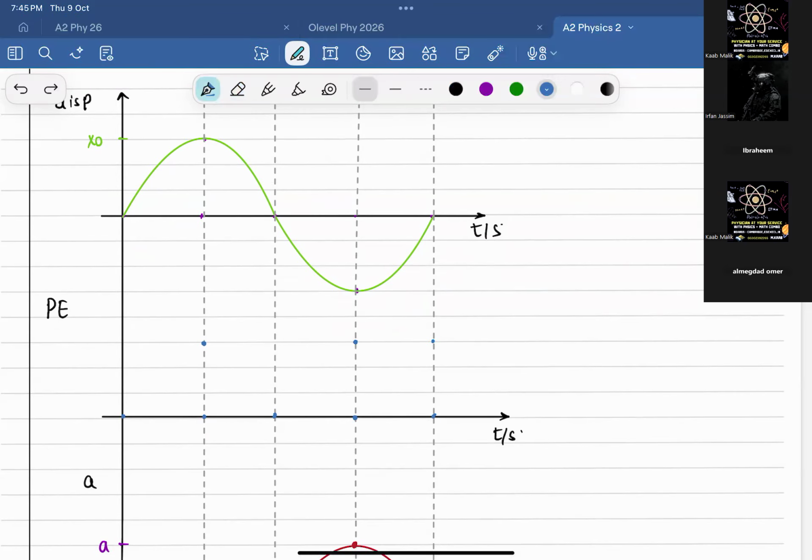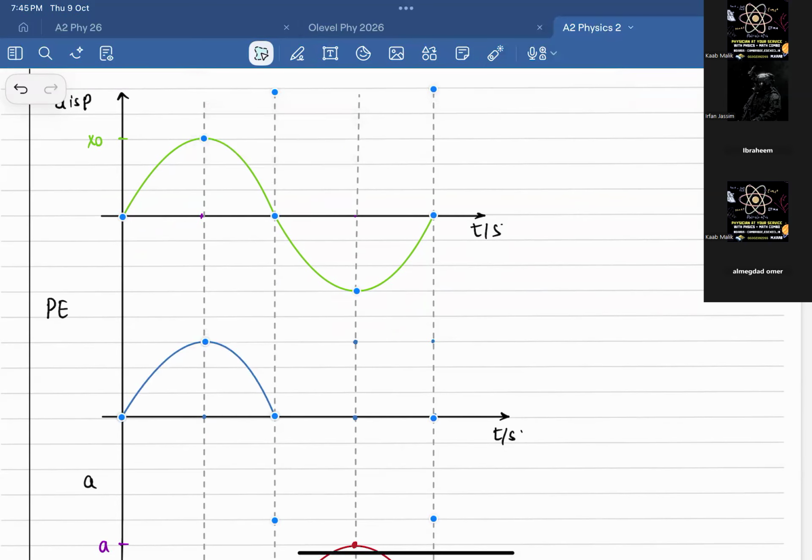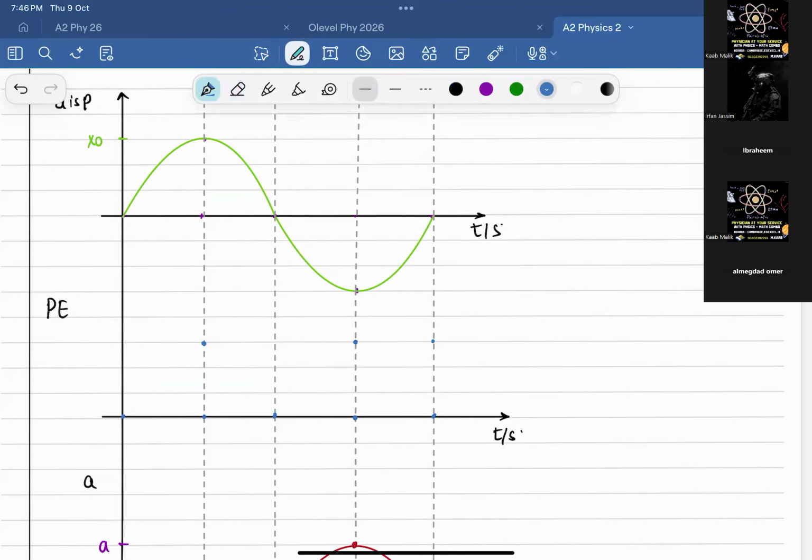Now, if we try to draw the graph, the graph looks like this. It basically does not look like this, like this, and then like this, and then like this.